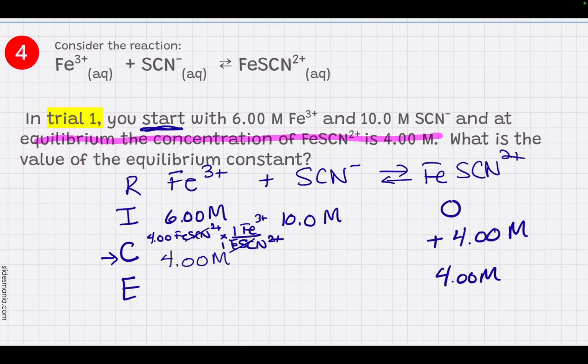This is going to be used up because I'm producing the iron thiocyanate, since I started out with 0, and I'm using up these 2, so they're going to be negative. You don't need to show that mole ratio on how I got the 4, but I just wanted to teach it to you.